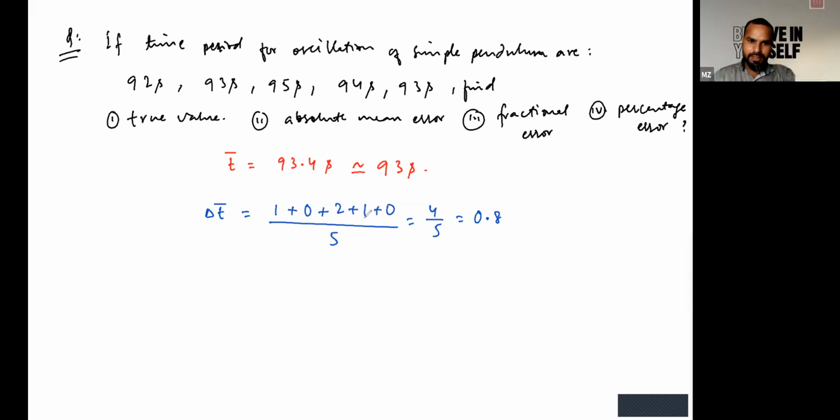Ellen, just see this calculation. 1 plus 0 plus 2 plus 1 plus 0. So it will be 4 divided by 5. So it will be 0.8. From here, where you got 0.005?